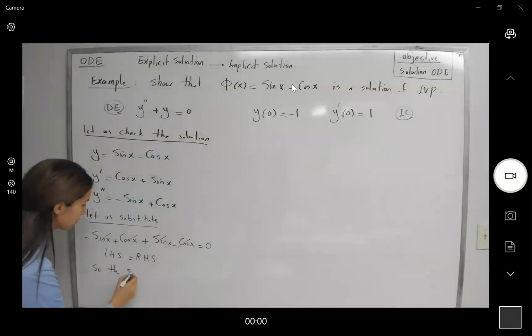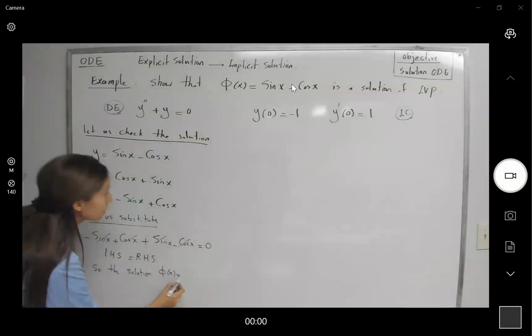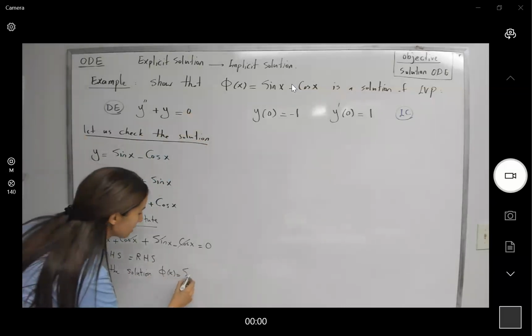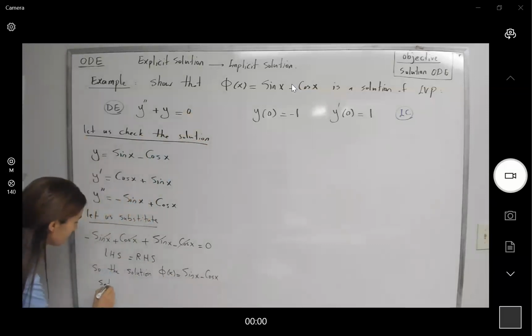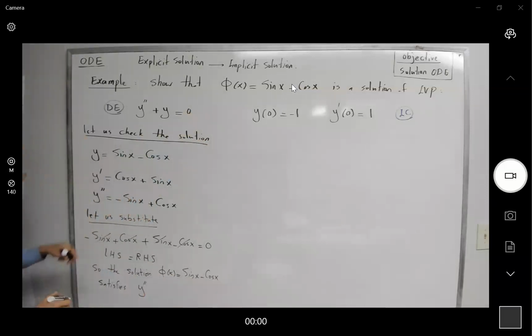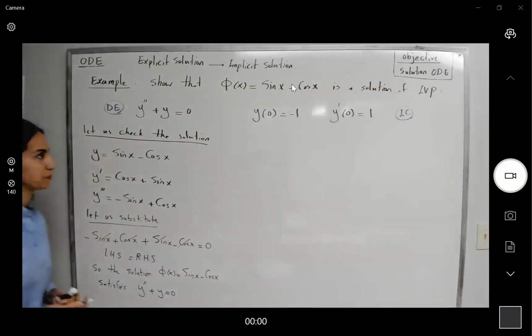So the solution phi x equals sine x minus cosine x satisfies the second derivative of y plus y equal to 0.